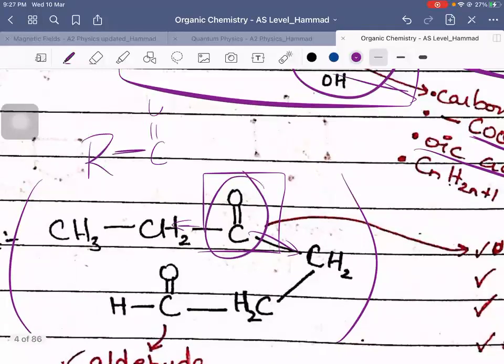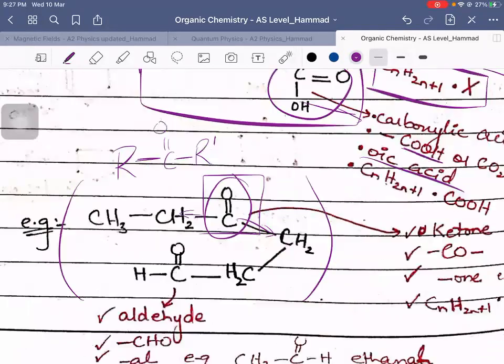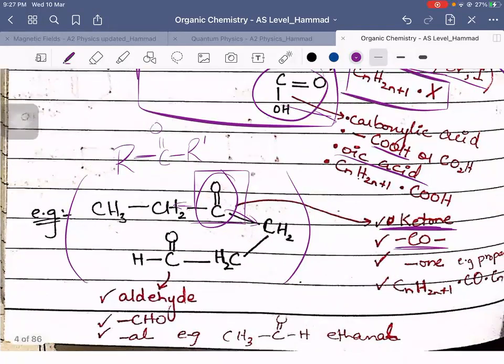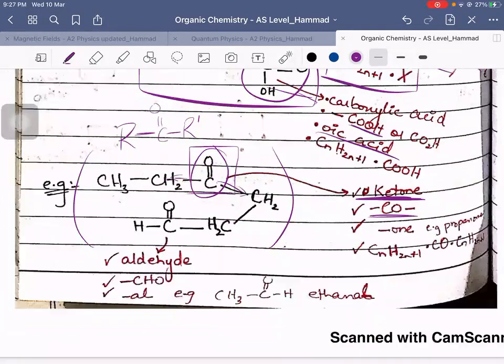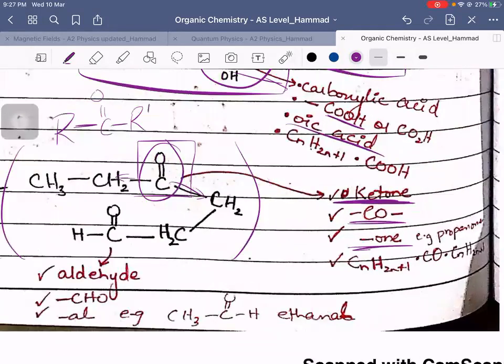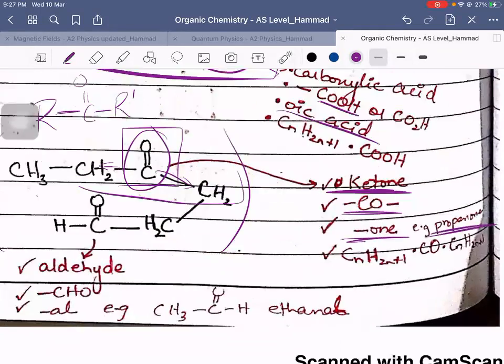I told you that an alkyl chain could be represented by an R, right? So this C=O belongs to the ketone functional group. Ketones have the formula CO, and there is an -one attached to it. For example, 3 carbon atoms would make it propanone.